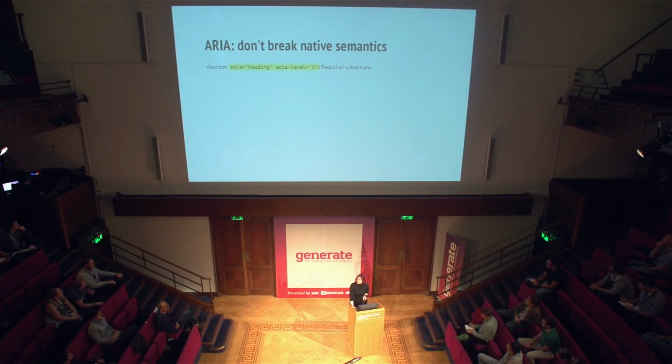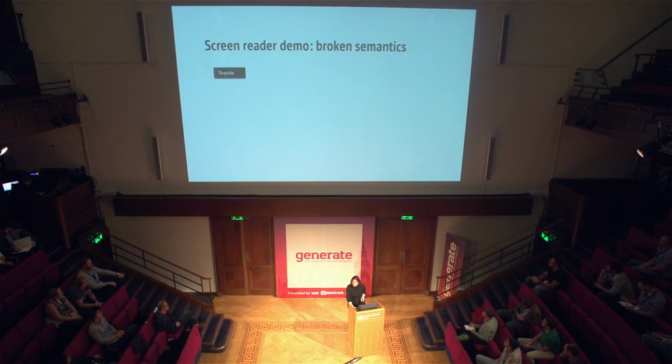When you use ARIA, don't break native semantics. It's really easy to confuse screen reader users when you don't really mean to. So, for example, if we took something that, to all intents and purposes, was a button, but we gave it a role of heading and an aria-level, using the role attribute with the value of heading and the aria-level with a numeric value, it starts to do some very strange things to screen readers. "Heading level 1 tequila."